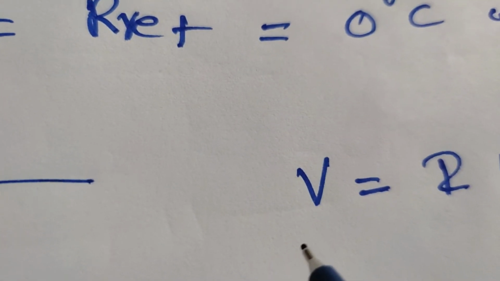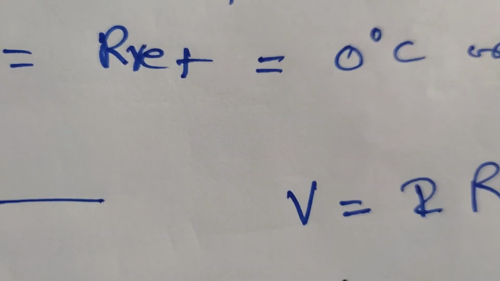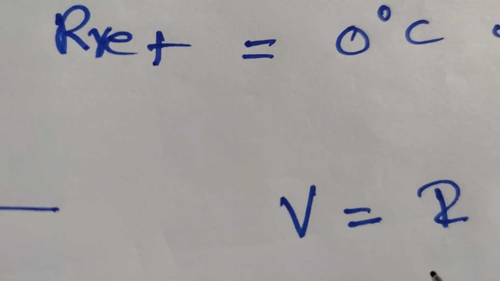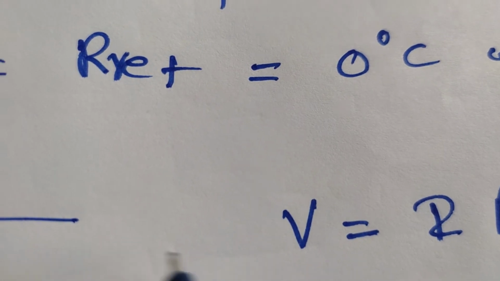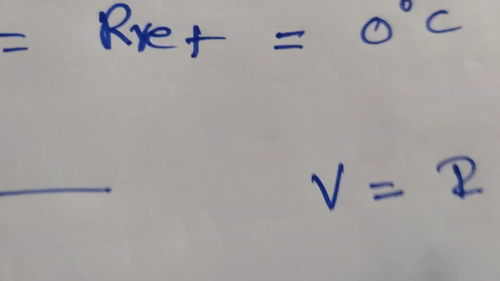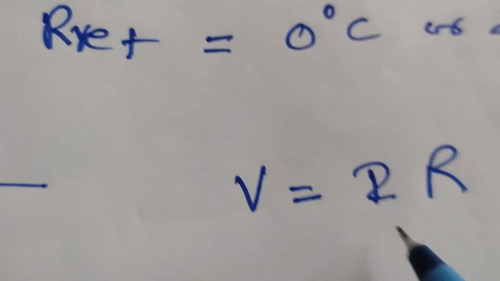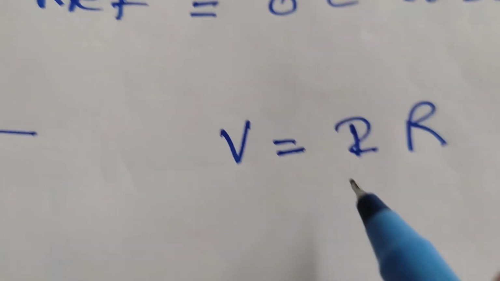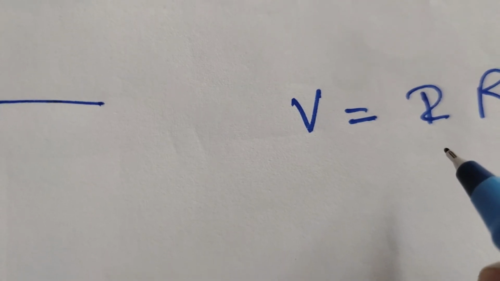When 1 ampere current flows through a resistor, there is 1 volt across it. V is equal to I into R. This is Ohm's law, the standard relation used in all circuits.